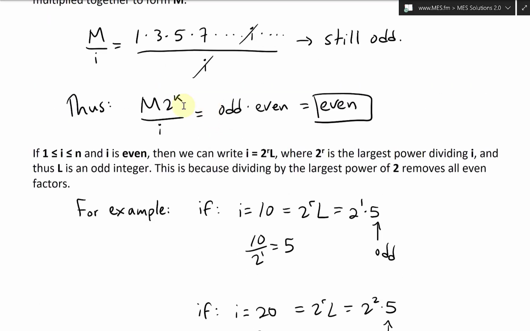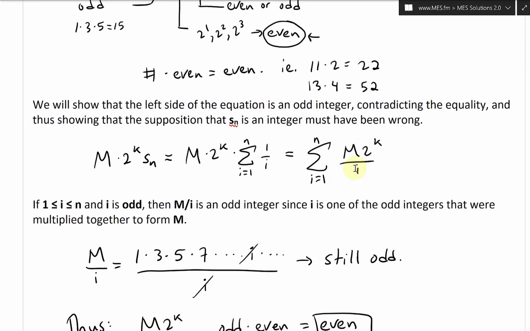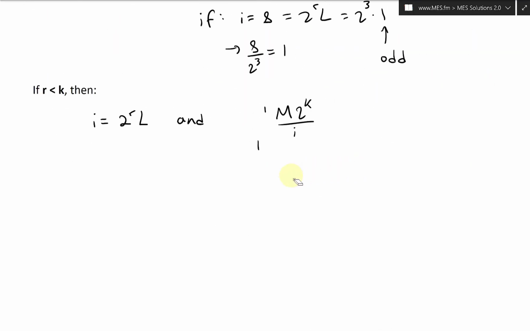So going back up here, m times 2^k divided by i. And again, we're not summing it up now, so we'll just ignore this and leave it like this.